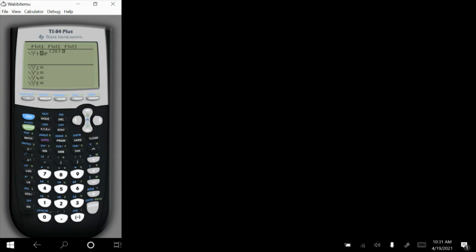So although it might not be necessary with my version of the calculator, I'll still use parentheses around 3x. And then for those of you that had like e caret half open parentheses, type in 3x and then close them off. Then we'll go to y2, small minus sign, x plus 5. And then we'll do a zoom 6.